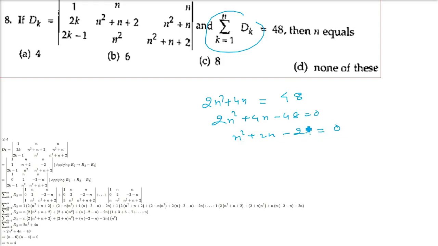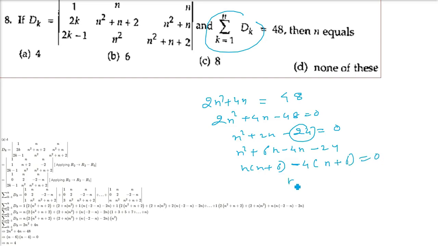Now 6 times 4 is 24, so this 2n can be written in terms of 6n and 4n. n square plus 6n minus 4n minus 24 equals 0. You can take n common from the first two terms, giving n plus 6, and minus 4 common from the others, giving n plus 6. So n times n plus 6 minus 4 times n plus 6 equals 0.